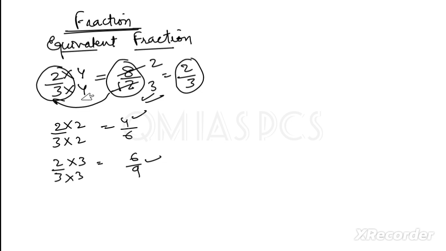But one thing, when you are adding the same number, let's say 4, here we were multiplying. When you are adding the same number, we will not get the same fraction. Here it is 6, here is 7, so we are not getting the same fraction. This is not an equivalent fraction of 2 by 3.